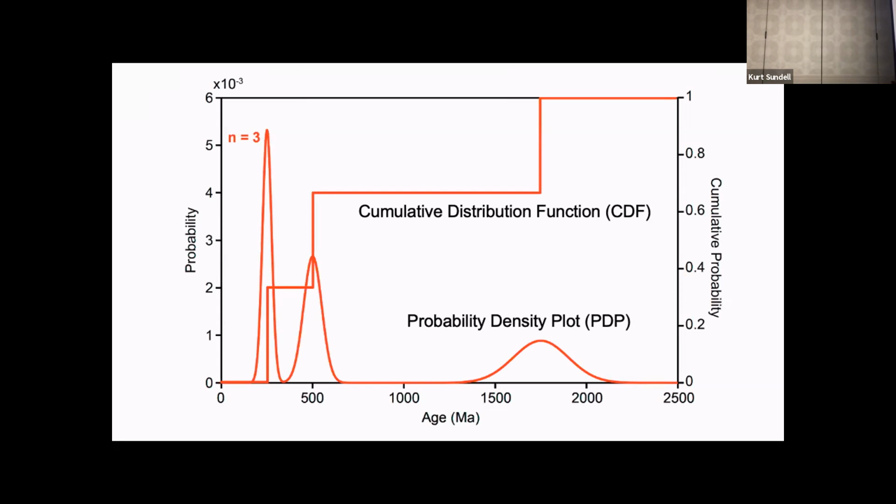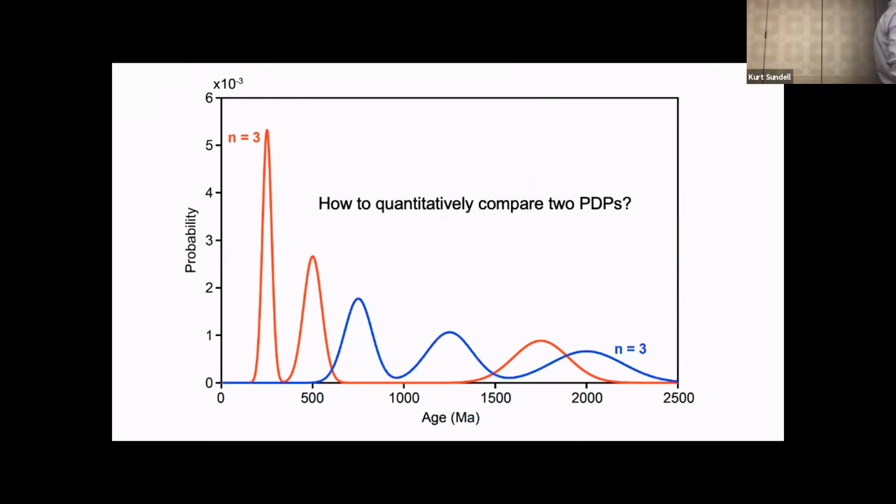So there's a 0.3 probability that things are younger than right here, probably 250 million years. CDFs are a very useful way of looking at these kinds of data. But what happens if you have two wiggles and you want to quantitatively assess how similar they are?